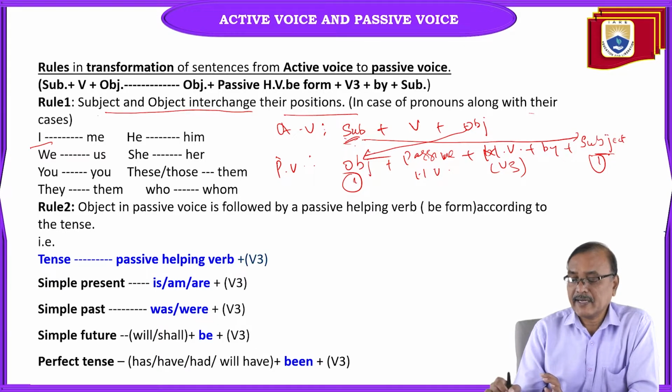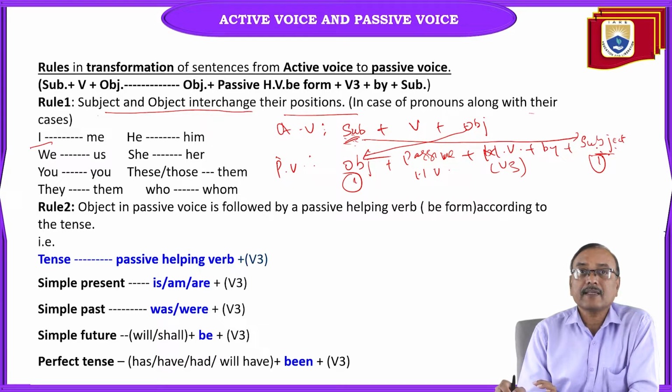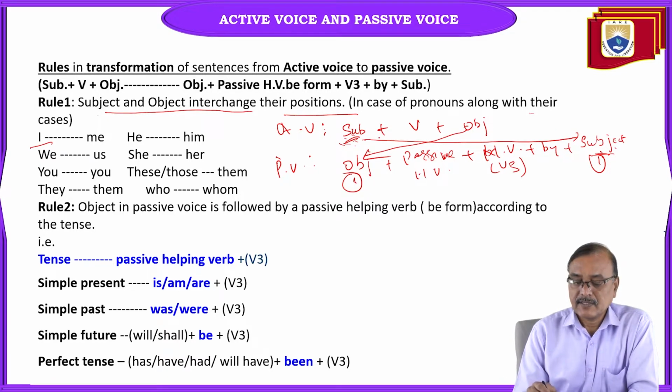"I" becomes "me", "we" becomes "us", "he" becomes "him", "she" becomes "her", "you" becomes "you" only, "they" becomes "them". So when the subject comes to this place, you have to change the case also. This is the first rule.